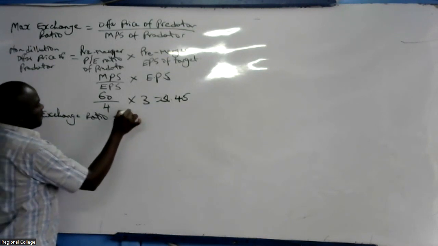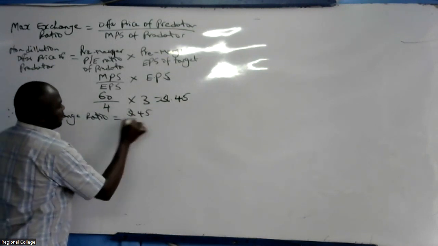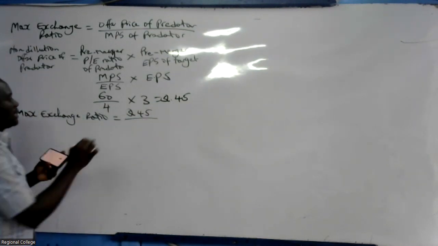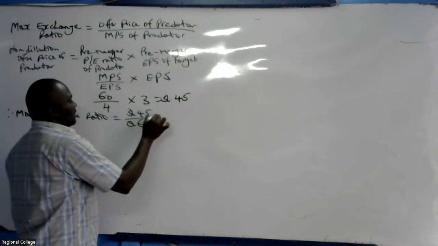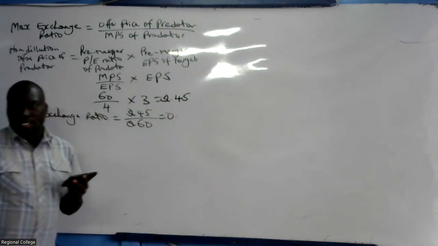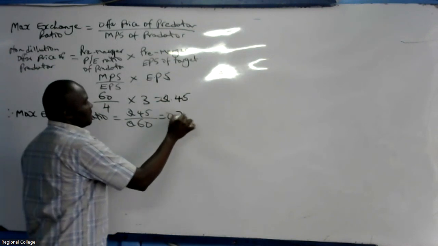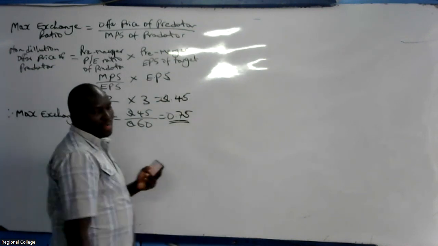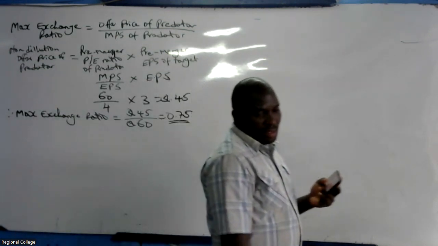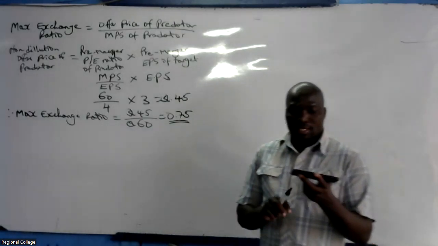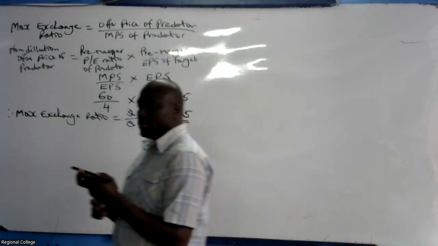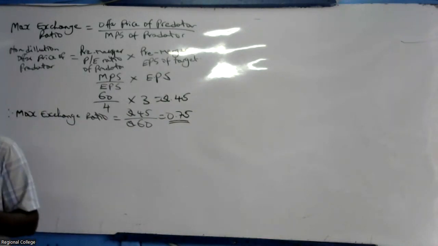So the maximum exchange ratio becomes the offer price, 45, divided by the MPS of the predator, 60. That is 0.75. What does that mean?